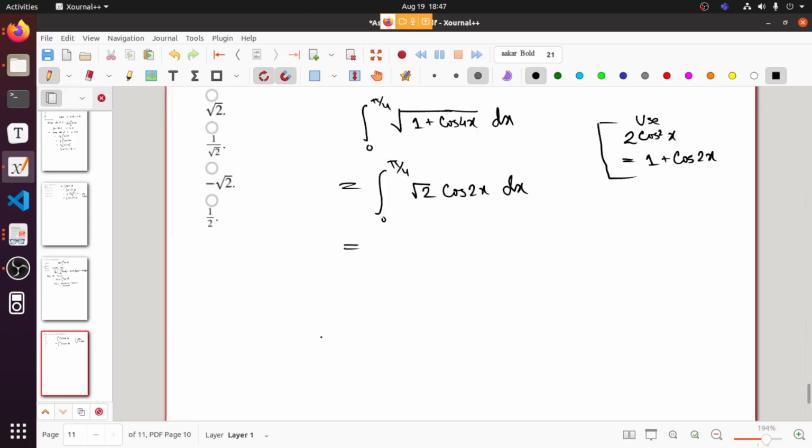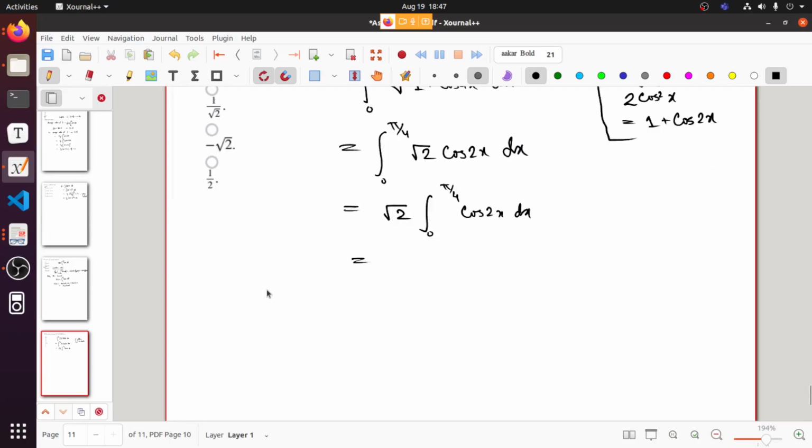Root 2 is a constant, so it comes out of the integral. So it will be root 2 times the integral from 0 to pi by 4 of cos 2x dx. What will be the integration of cos 2x? It will be half sin 2x in the interval 0 to pi by 4.